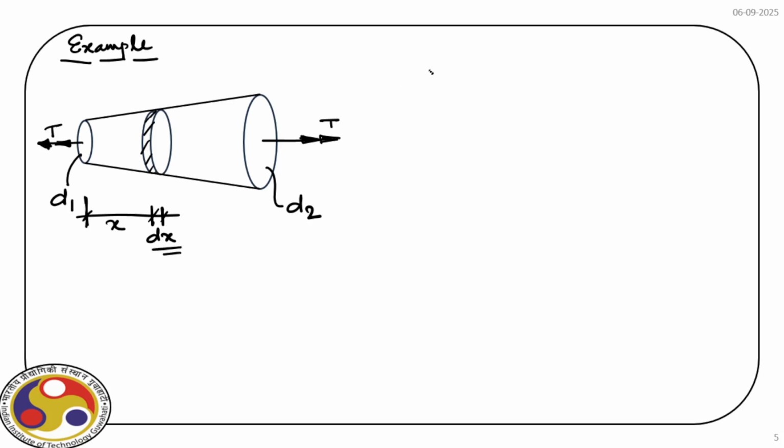Now the diameter d at x, it's not dx, what you can see here. So d at x is equal to d1 plus (d2 minus d1), that is the change in diameter, over a length of capital L, times x.